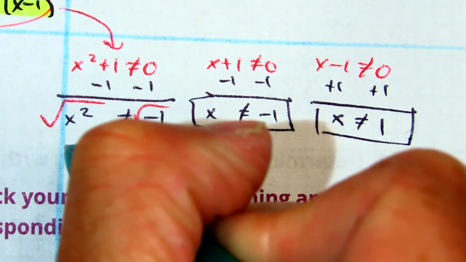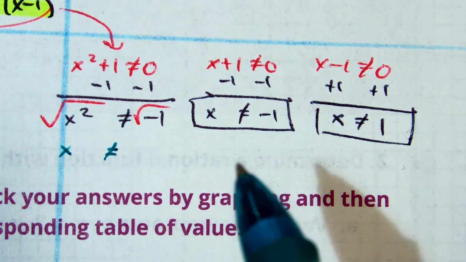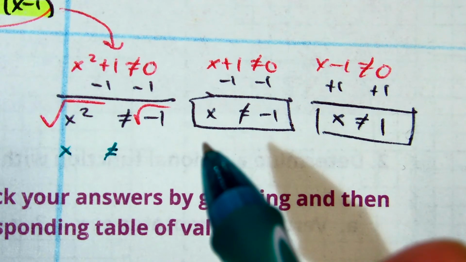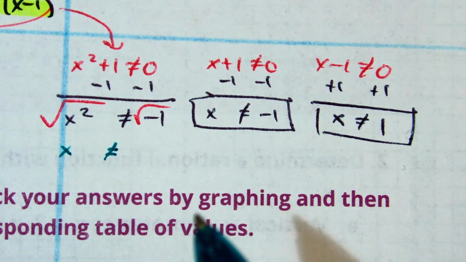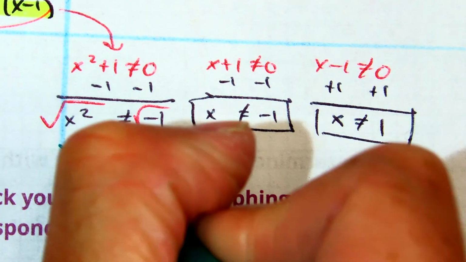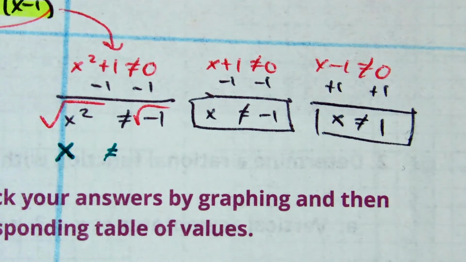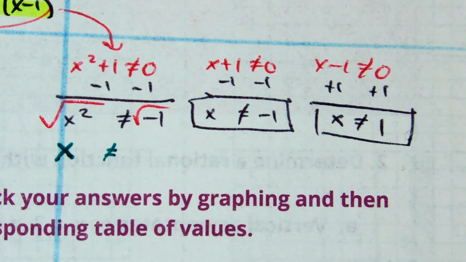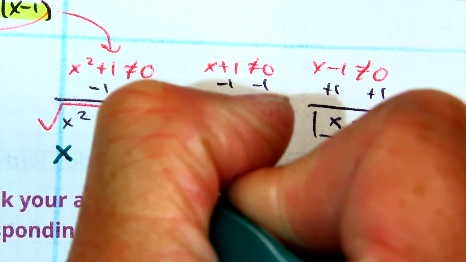It's what? Everyone talk to your partner. 5 seconds. This was literally on your last quiz or test. You guys know what I'm talking about? A lot of you guys missed it. Yes, Alejandro. X equals plus or minus 1. Plus or minus. That is correct. That was a common mistake.